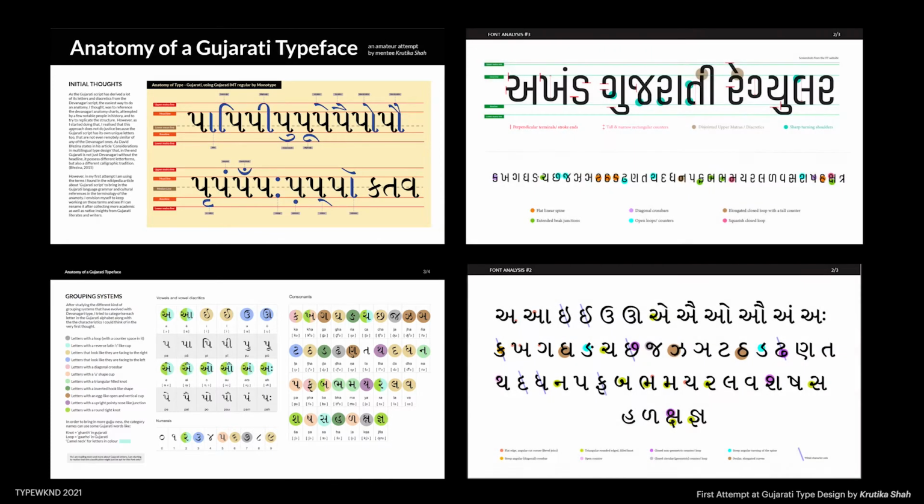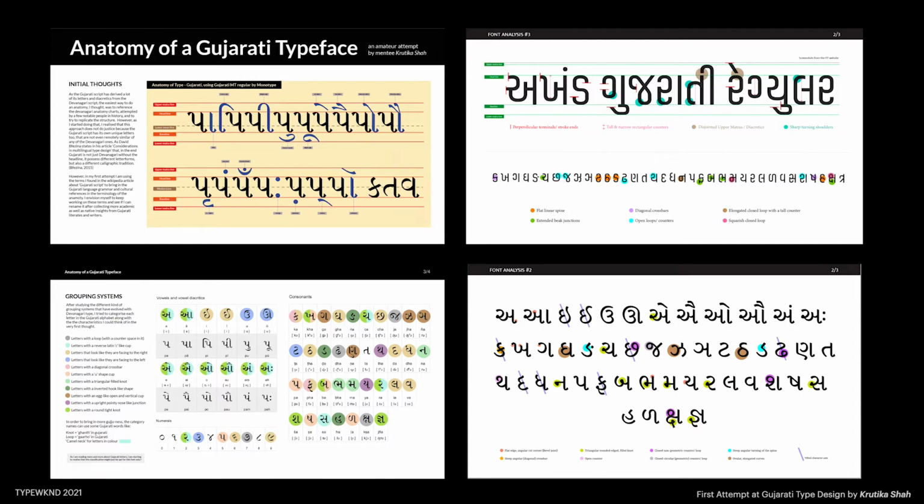Then came the font analysis exercises, where I took a few existing typefaces from different foundries and marked my observations regarding the style, the characteristics of the letters, and other design elements. My mentor and I would have multiple discussions after each of these exercises, and through that, my understanding of the script grew a lot.